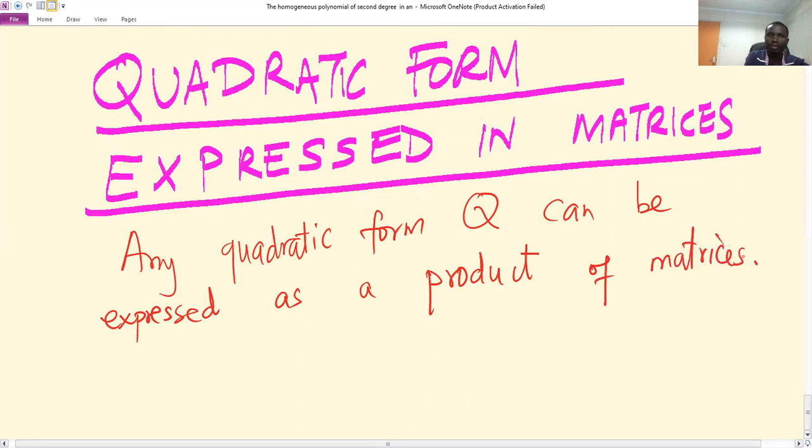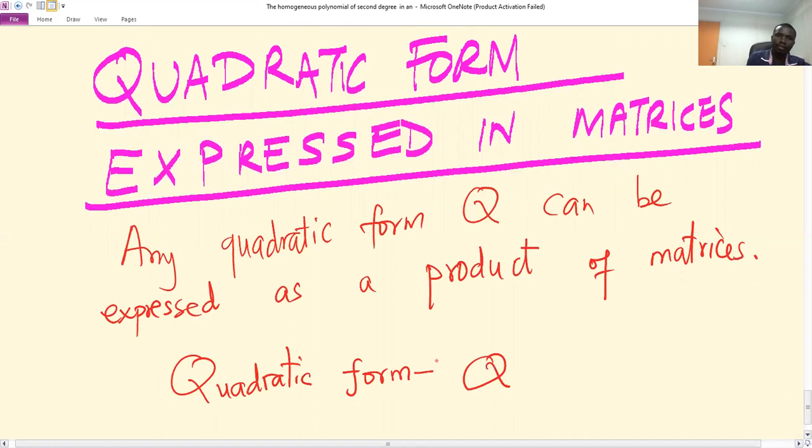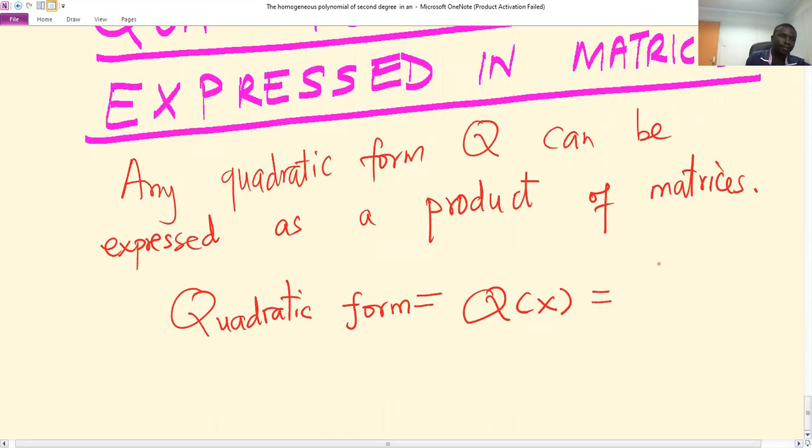Any quadratic form Q can be expressed as a product of matrices. So any quadratic form Q is denoted as Q of X, which is the same as X prime A X.